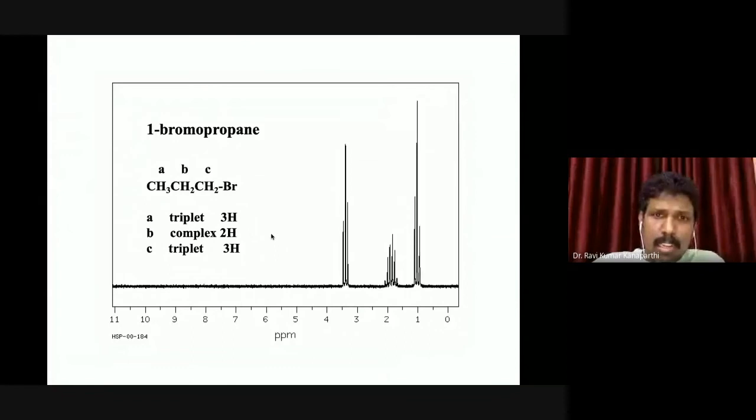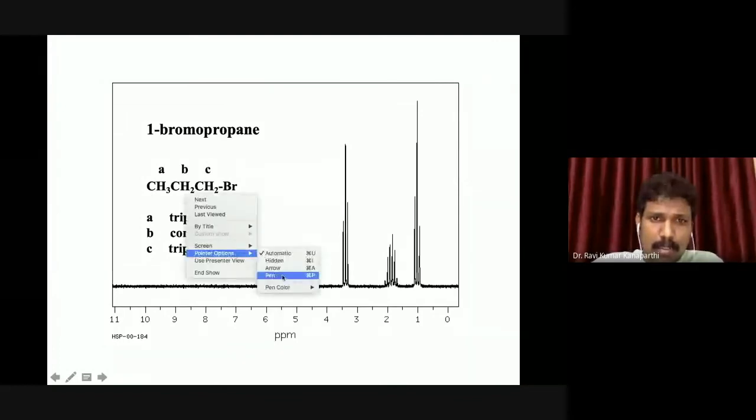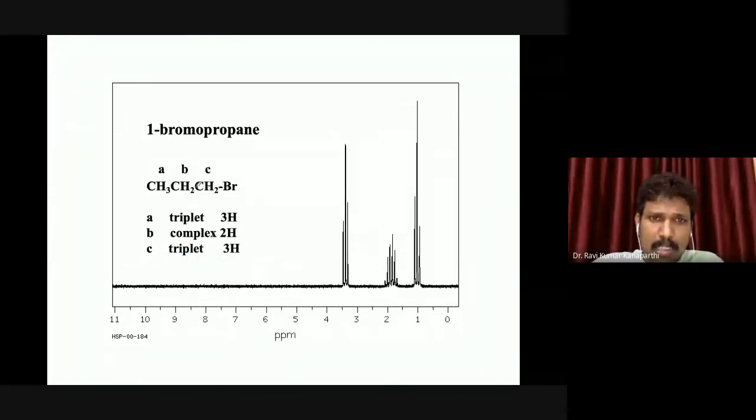So this is another one, 1-bromopropane. You have 3 different chemical environments here, and this methylene proton is connected directly to a bromide, the electronegative atom, and then this one is connected to a methyl, and then there is another methylene.